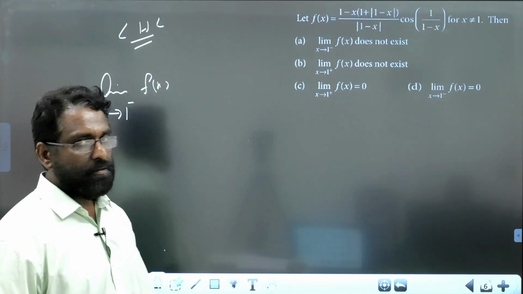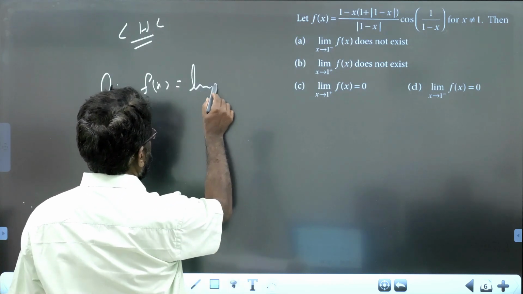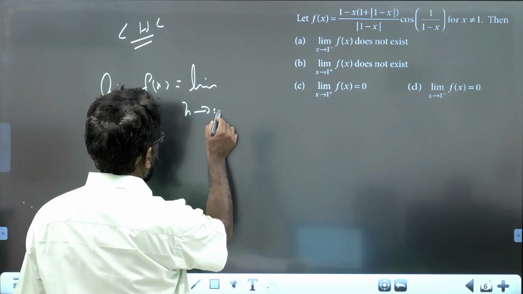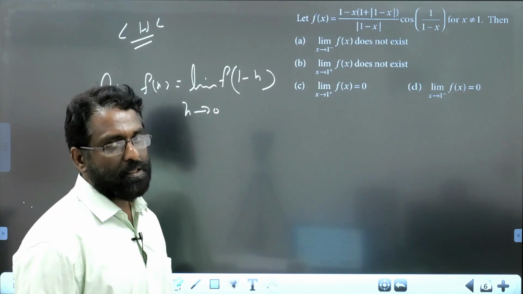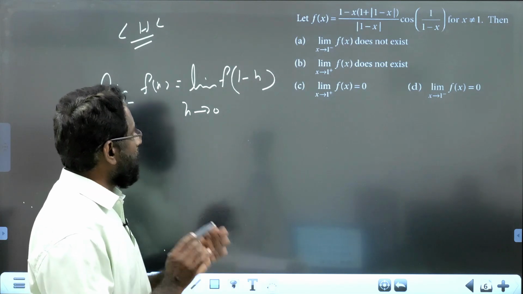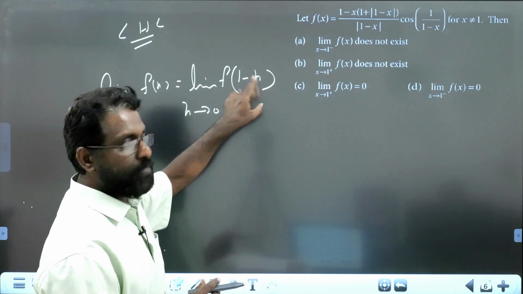We know that limit x tends to 1 minus f of x is equal to limit h tends to 0 f of 1 minus h. This is the concept of LHL. So you replace every x in the function by 1 minus h.